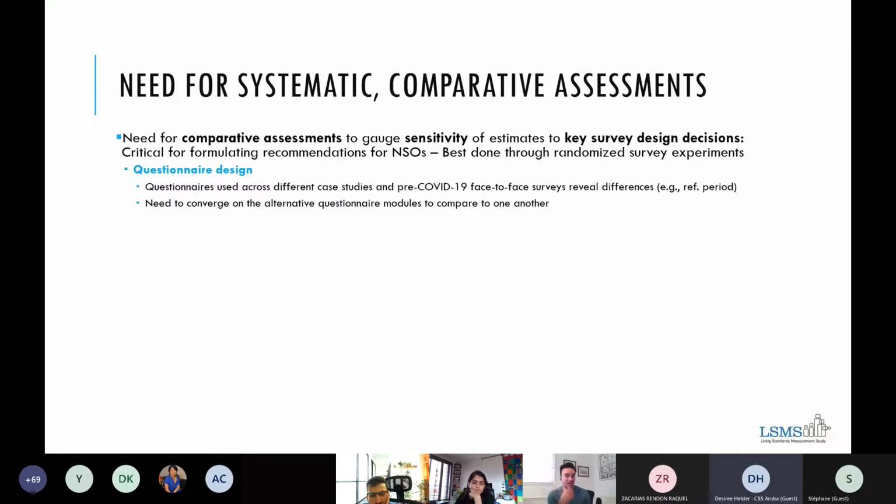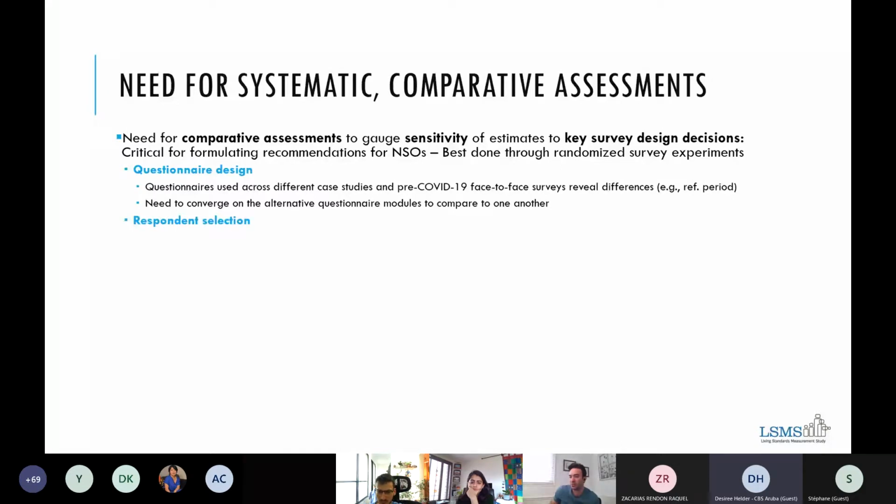A very easy example would be the reference period. So we do need to compare these questionnaires, and ultimately converge on alternative questionnaire modules to compare with one another as part of this big mix of different permutations of survey design features that would be compared to each other.